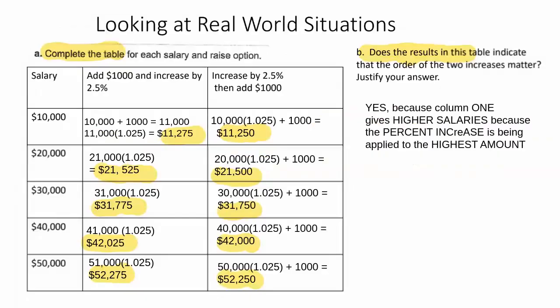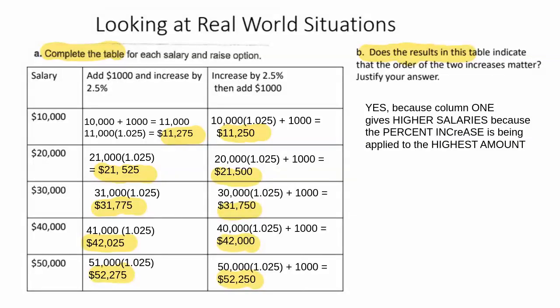Notice, if I add the 1,000 and then give you the increase, I have higher amounts. I get more money. But management is going to like the second column. They're keeping salaries low, but they're still telling you they're giving you an increase with a bonus. And that's how they sometimes put it, with a bonus of $1,000. Well, technically, give me the bonus first and then give me the increase on my new salary plus the bonus.